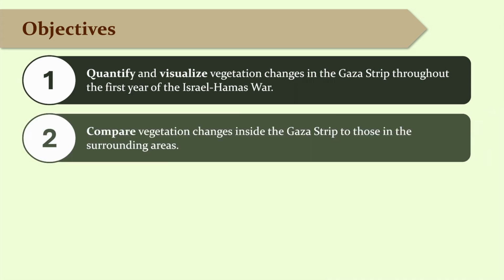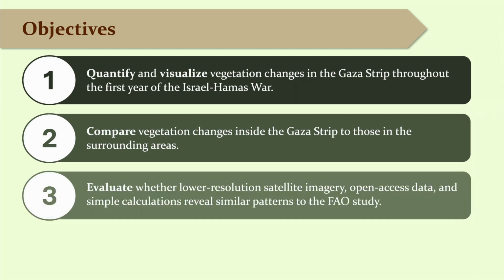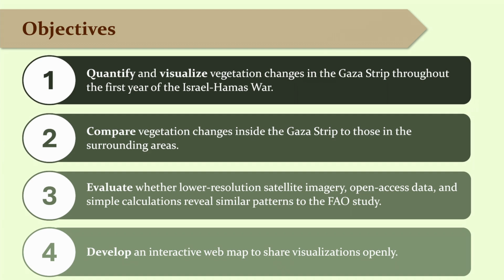Then I wanted to compare the vegetation changes inside the Gaza Strip to those in the surrounding areas. And then, as I just mentioned, I wanted to evaluate whether this lower resolution satellite imagery, open access data, and simple calculations could reveal similar patterns to the FAO study. And then finally, I wanted to develop an interactive web map so that I could share my results openly.